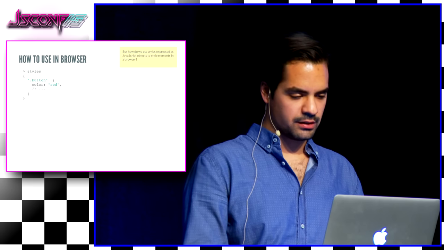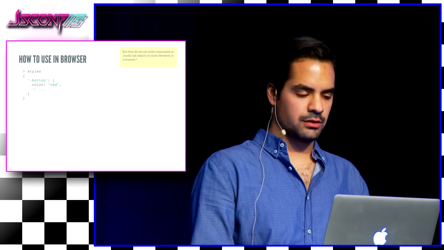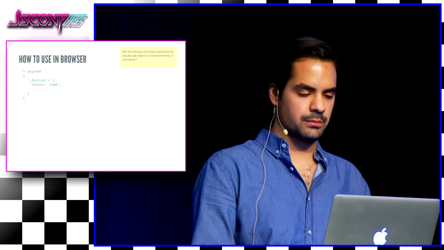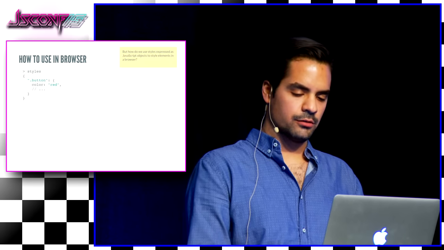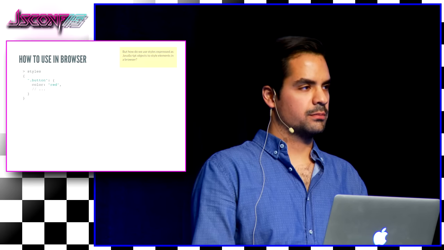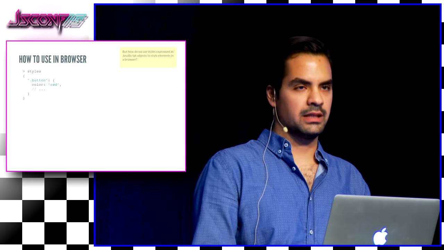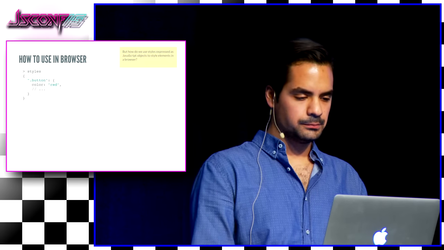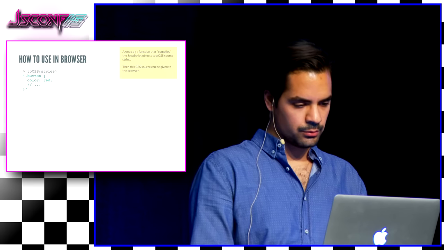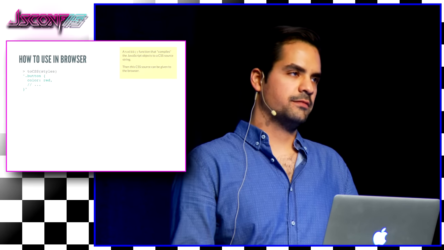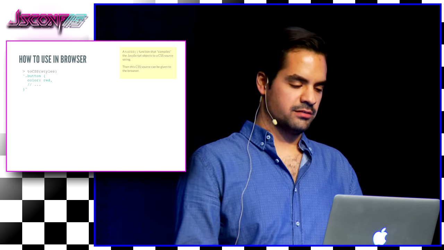So we can express CSS in JavaScript, but how do we actually use this JavaScript in a browser to style elements? So far, we've got these plain old JavaScript objects, but we need to turn this into something that the browser understands. Well, all we really need is a function that can transform one of these objects into a CSS source string.